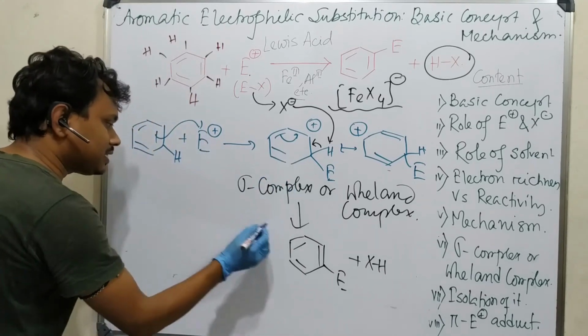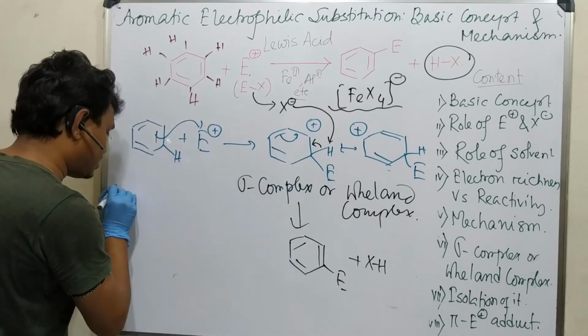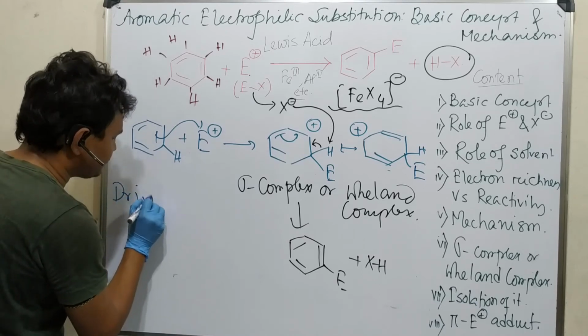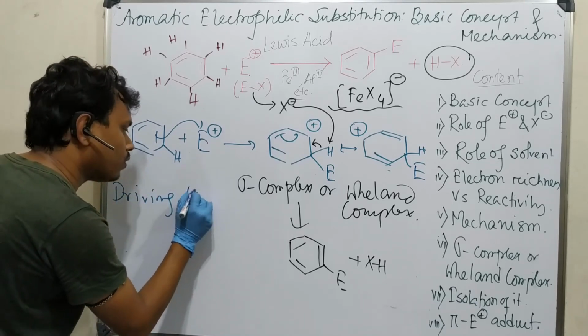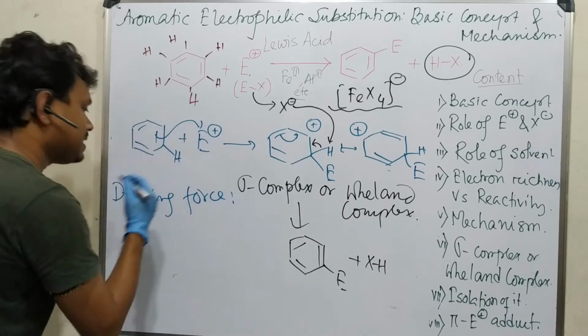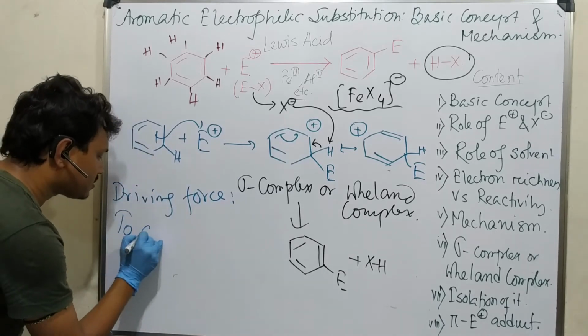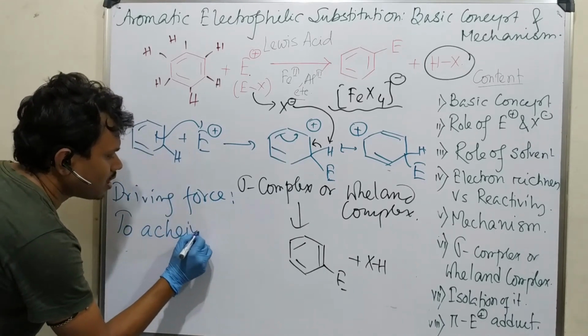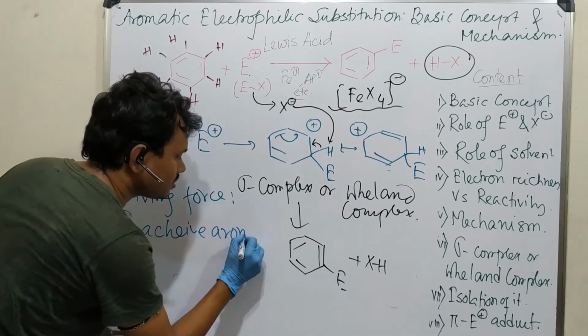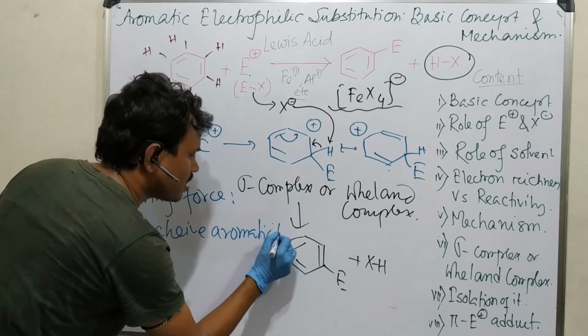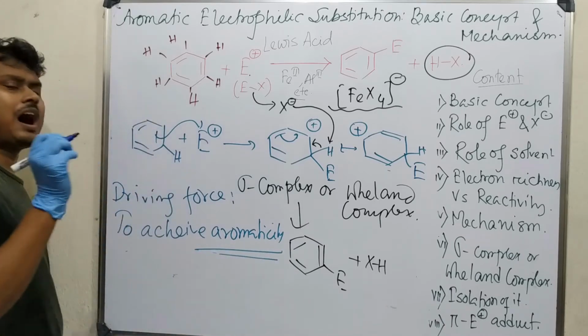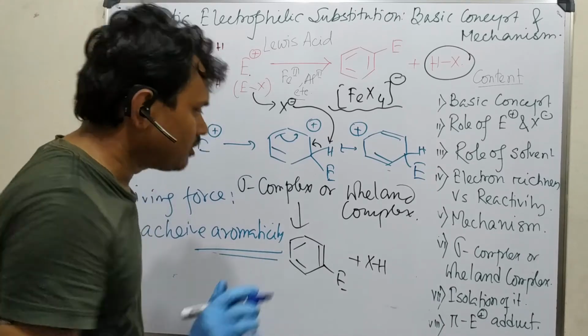Fine. Now the question: why does this step happen? The basic reason, the driving force, is to achieve aromaticity. And we know aromaticity is a very high and significant stabilization factor.